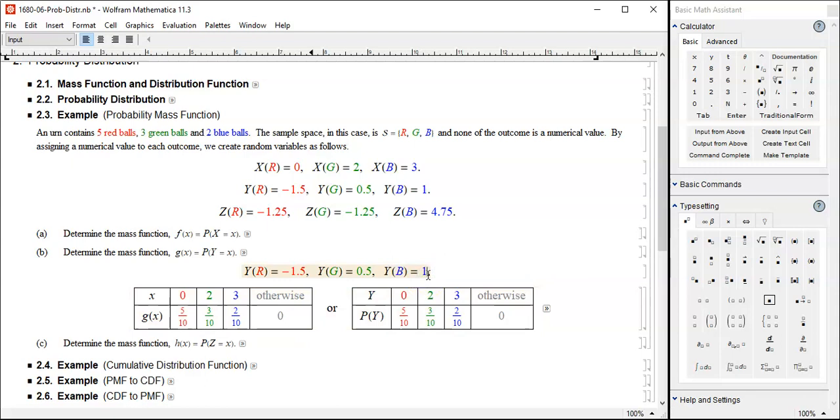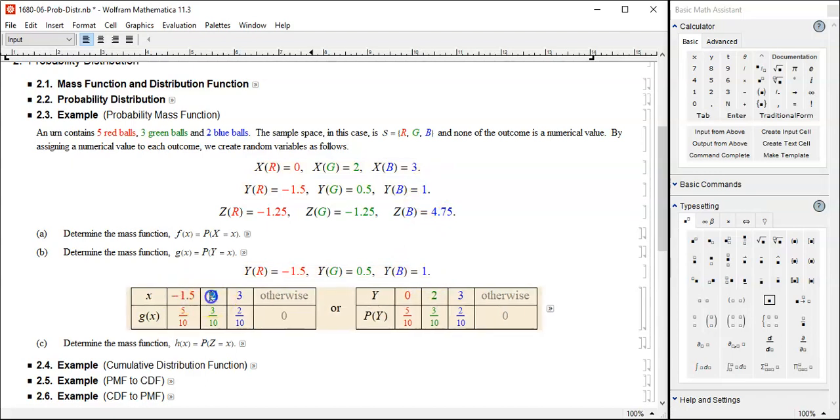For the second random variable, the possible x values are negative 1.5, 0.5, and 1. Those are possible payoffs. Previously 0, 2, 3. Now negative 1.5, 0.5, and 1.